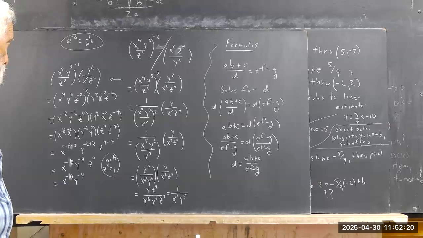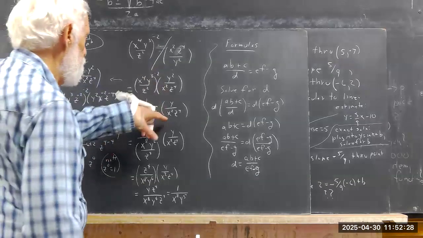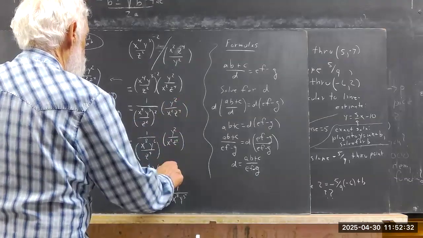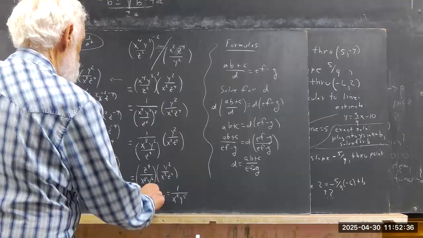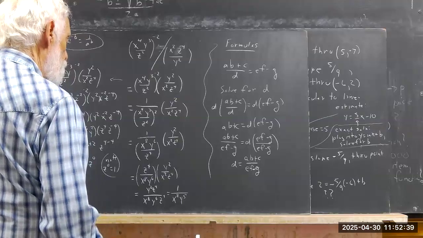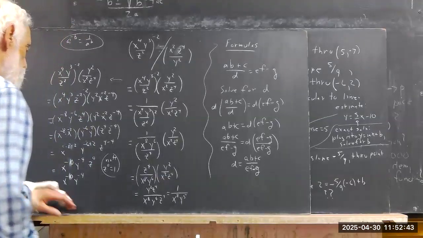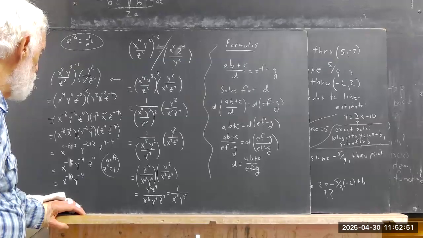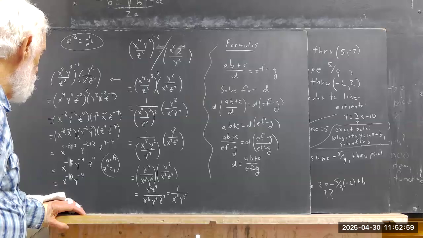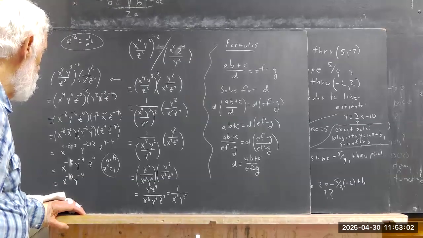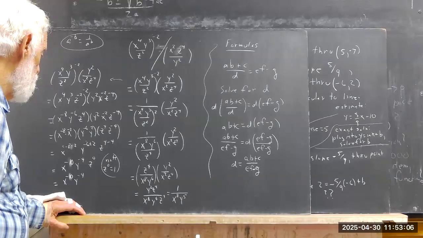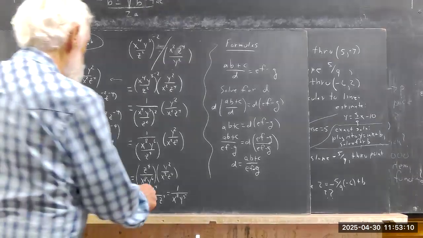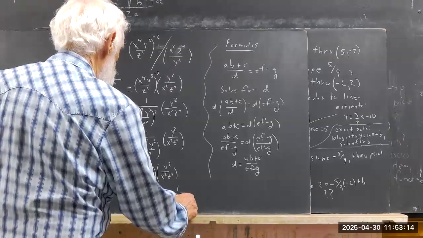And then when I did this step, I didn't write my square on the y. y squared, y to the 6th, which is y to the 4th.